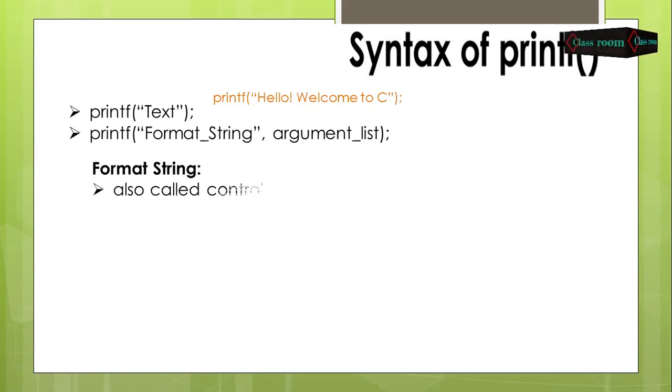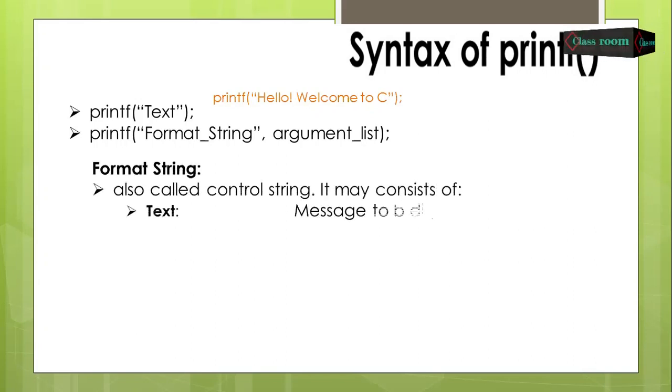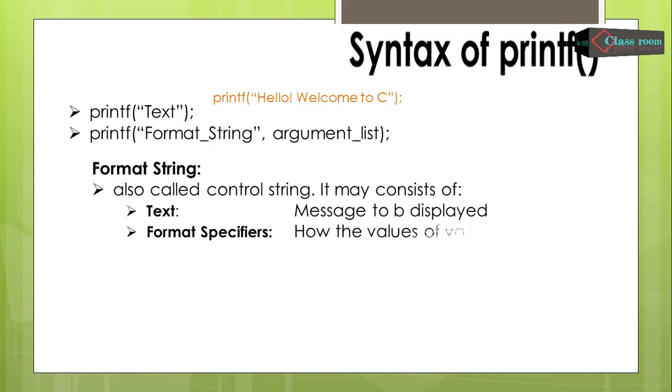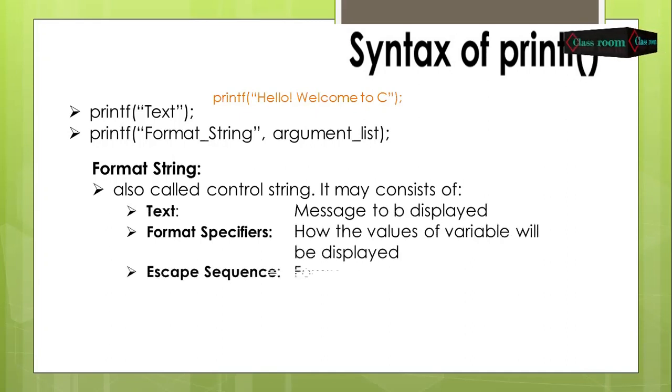Now let's look at its other form. Format string is also called control string. Format string is given in double quotes. The format string may consist of the following: number one, text, the message to be displayed on the screen, which is the first form of printf you already studied.